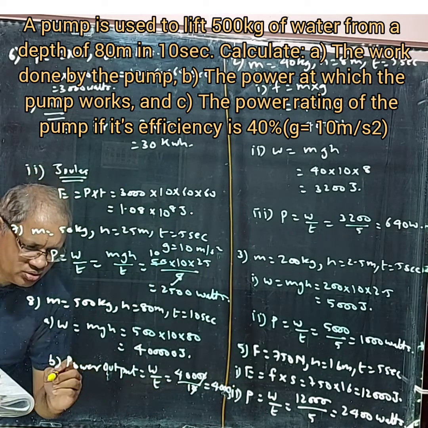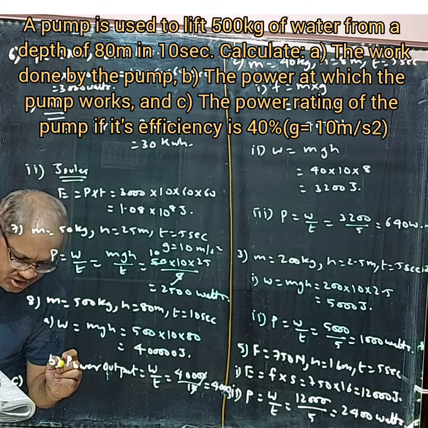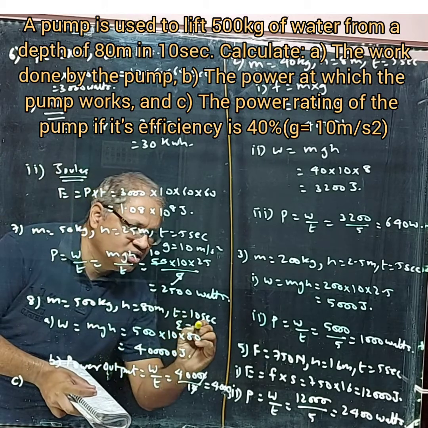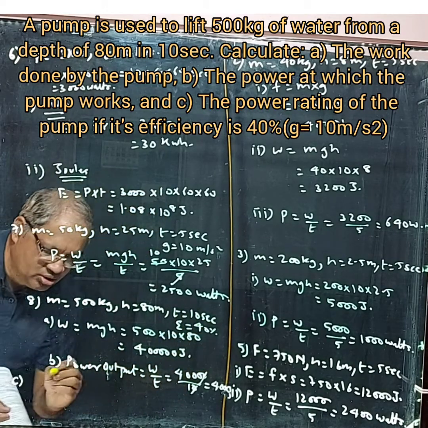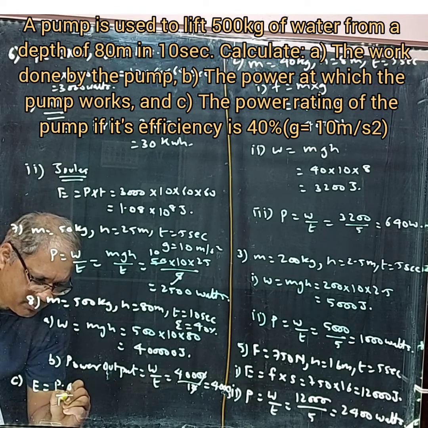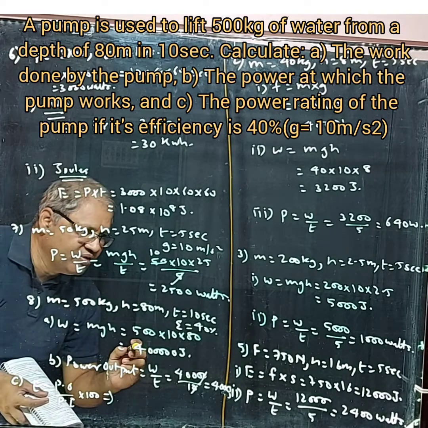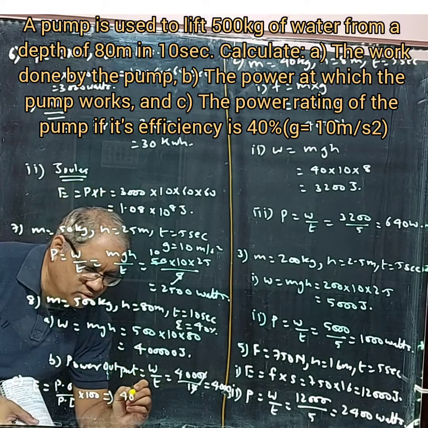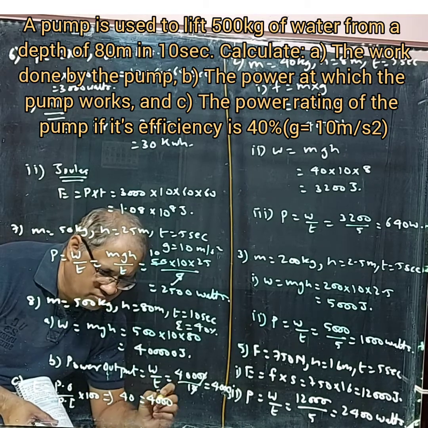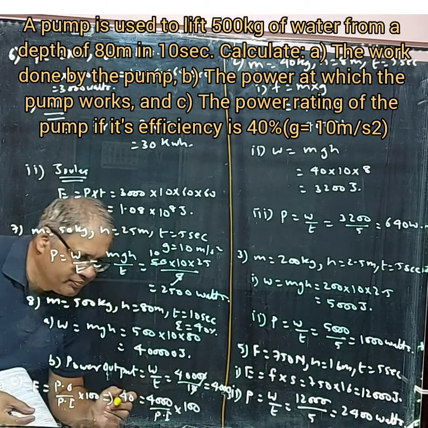Now the third part, power rating. Efficiency is 40%. So efficiency is equal to power output upon power input into 100. Efficiency they have given 40. So 40 is equal to power output 4000 upon power input into 100.